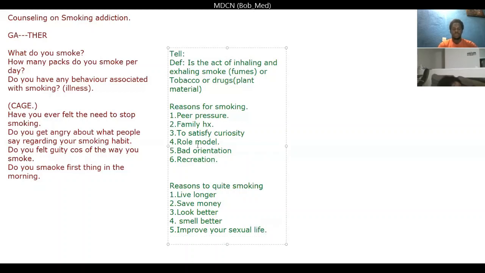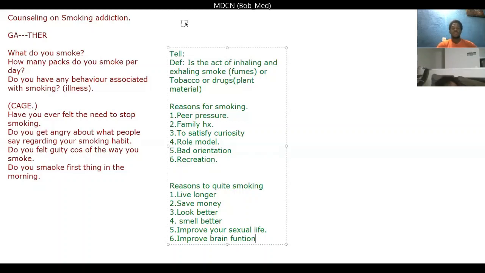And it improves your brain function. Are you getting me? So there are so many reasons why you need to explain to the patient why they need to quit smoking. This is enough.